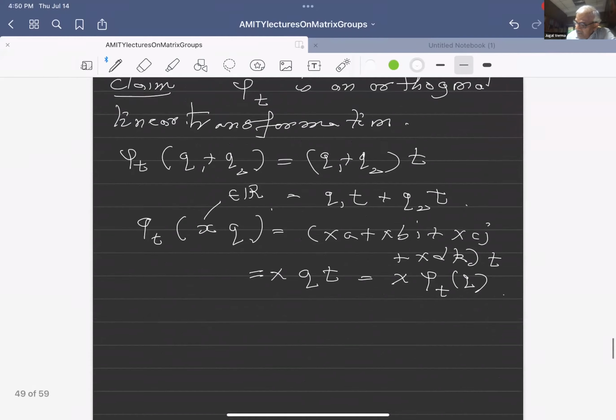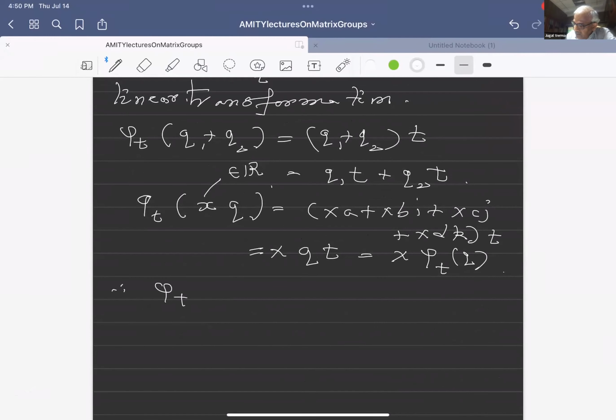So these things show that phi T is a linear transformation.